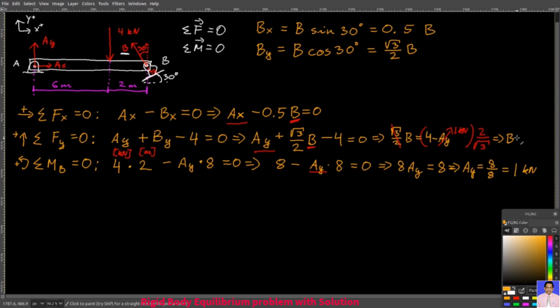And so B will equal 6 over square root of 3 kilonewtons. Finally, the first equation gives you Ax equals 0.5 times B, then 0.5 times 6 over square root of 3, and that's 3 over square root of 3 kilonewtons. There you go. You have your answers, and they're all positive.